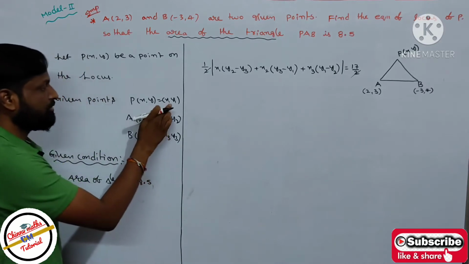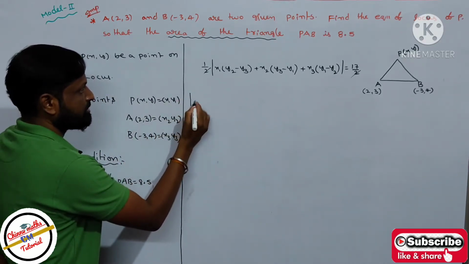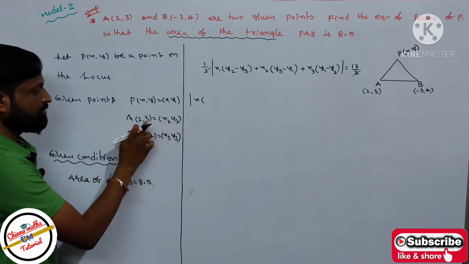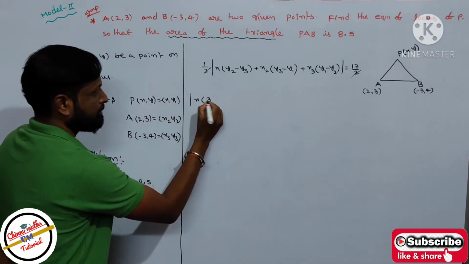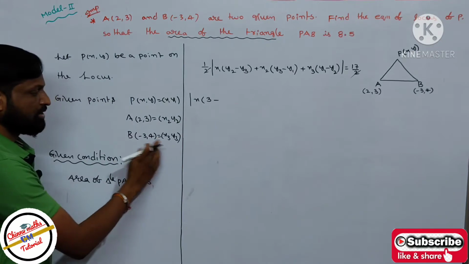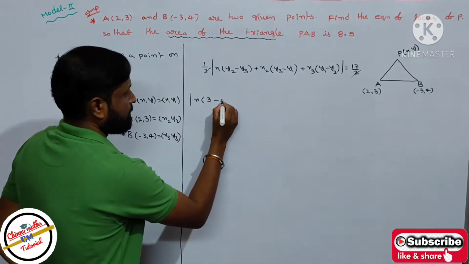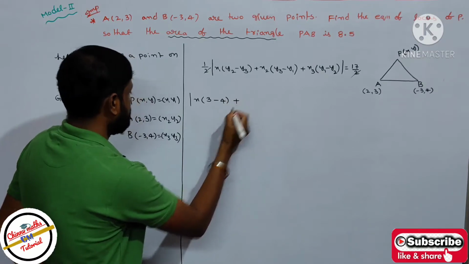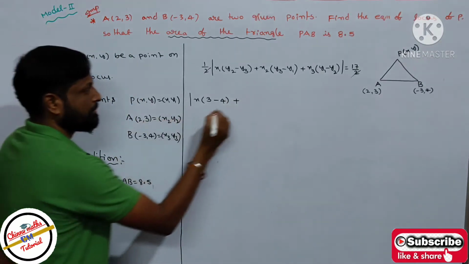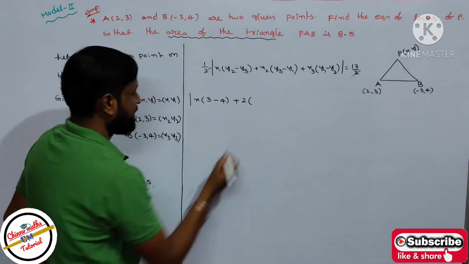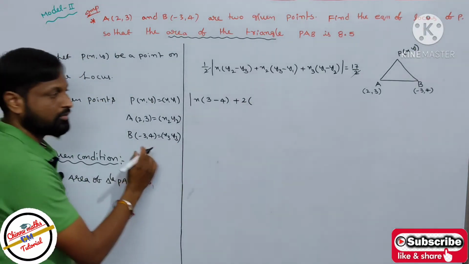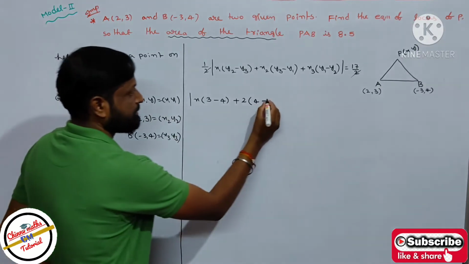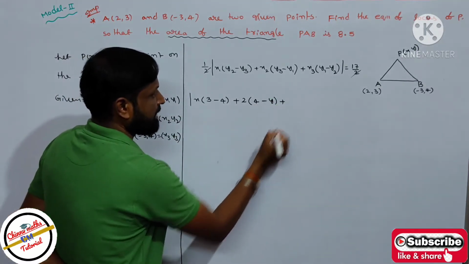x1 value is x, so modulus of x times (y2 - y3). What is our y2 value? It equals 3, minus the y3 value, which equals 4. Again plus x2, whose value is 2, times (y3 - y1), which is 4 minus y, plus x3.